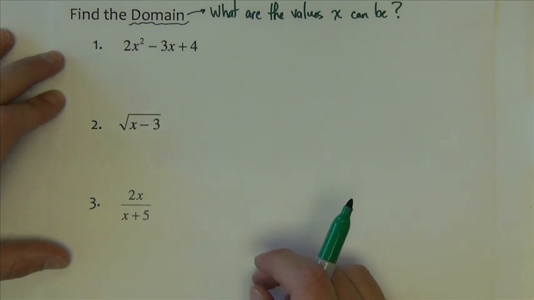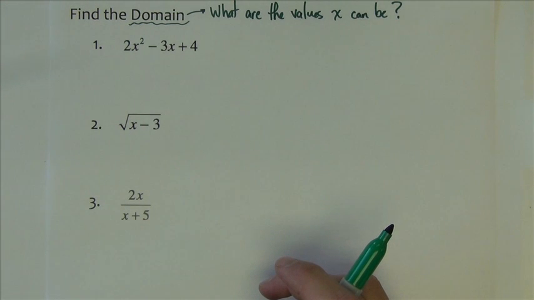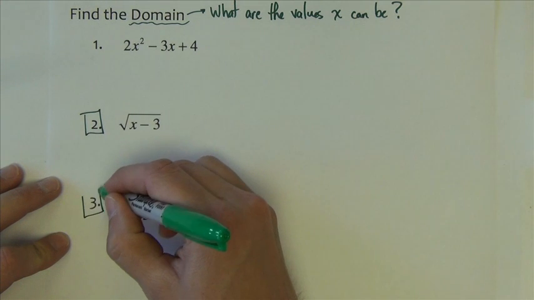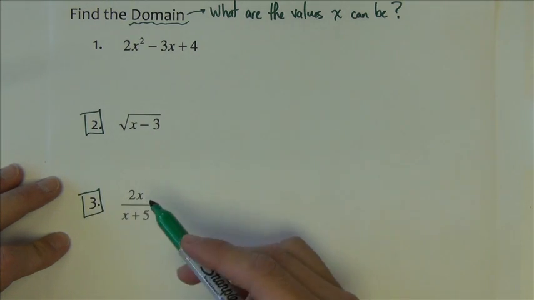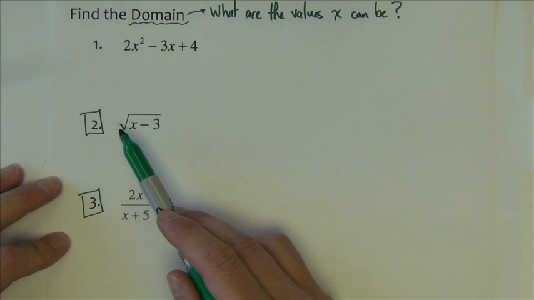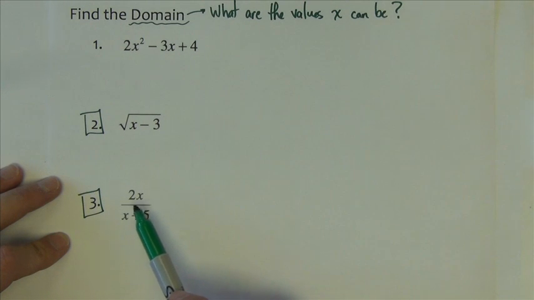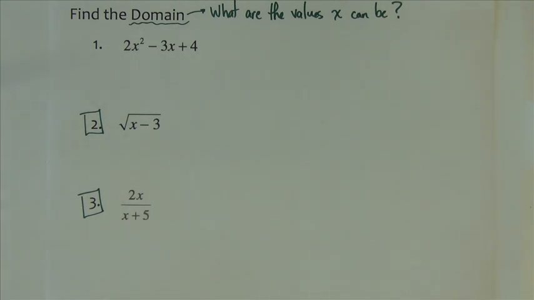Now, typically there are two things that are going to restrict domain, and those are discussed in these two examples. Square roots are common expressions you're going to see that restrict domains. And then we have fractional expressions, which is what we're dealing with in this section. In this first example, 2x squared minus 3x plus 4, we don't see square roots, we don't see fractions, therefore there is nothing that's going to restrict the domain here.